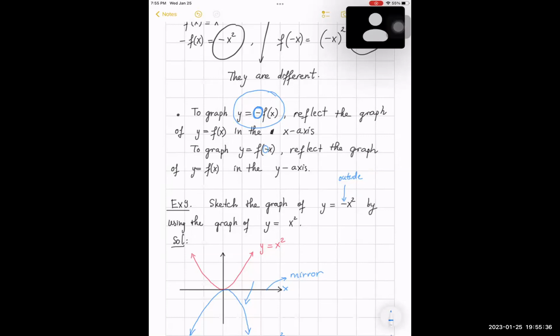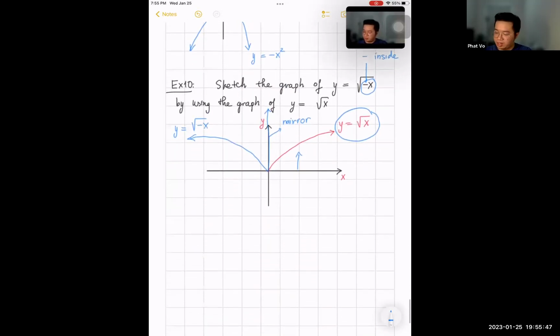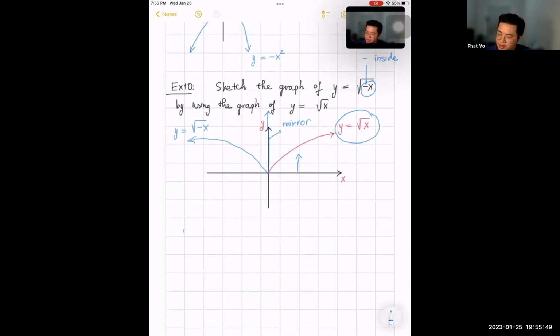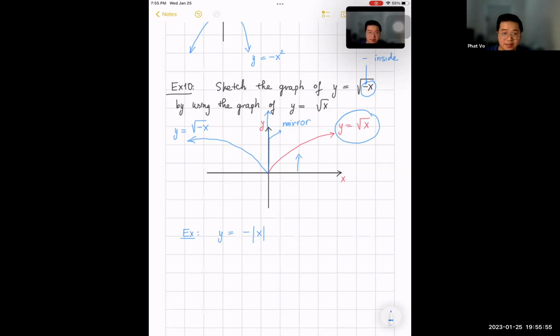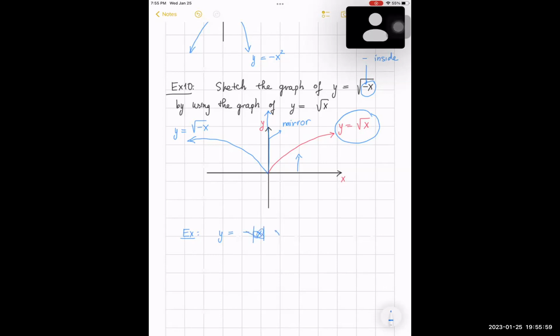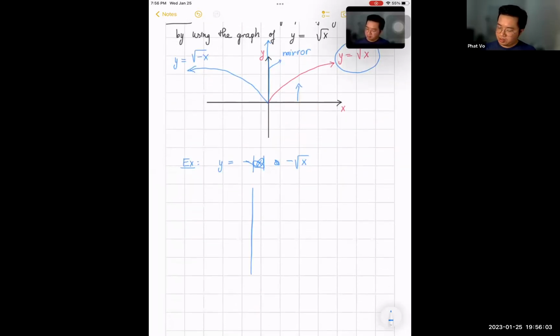So would it be y equals negative root x? Yes, y equals negative square root x. Good question. I will show you.